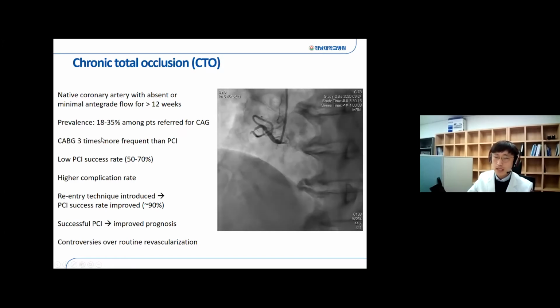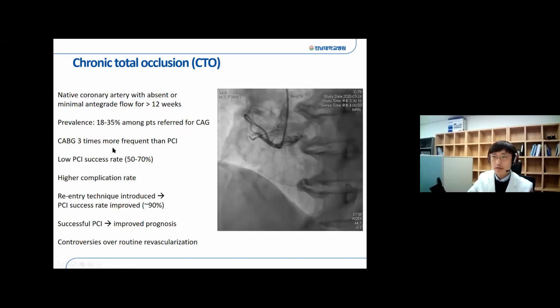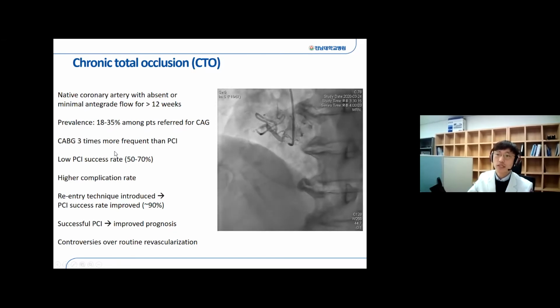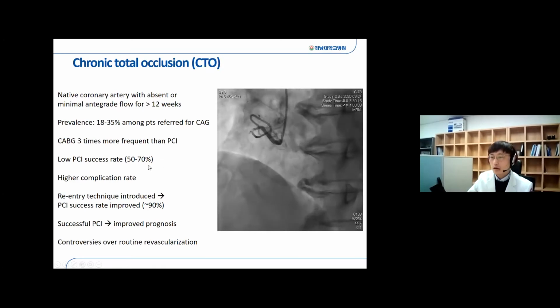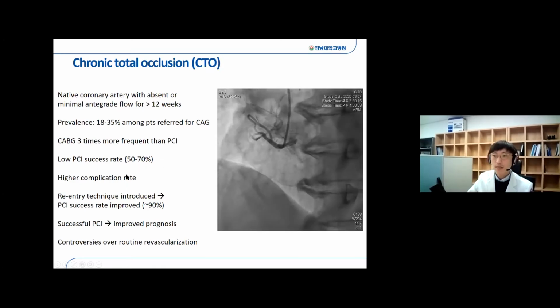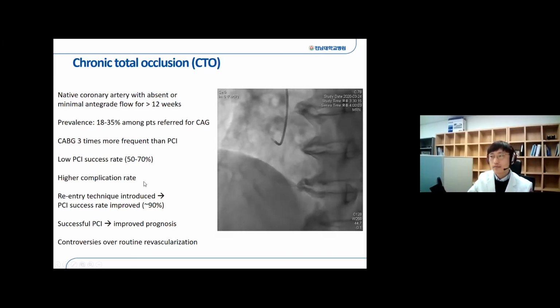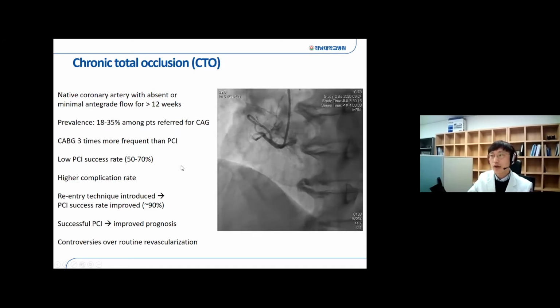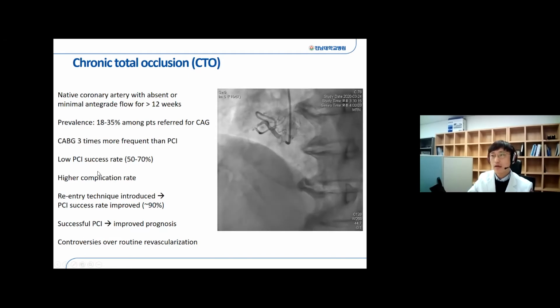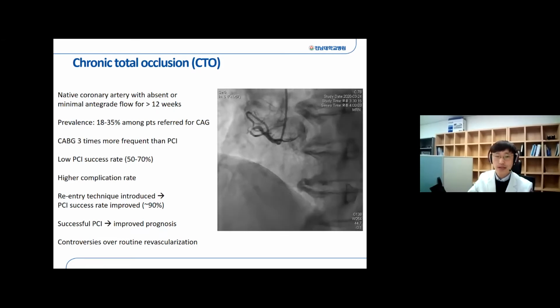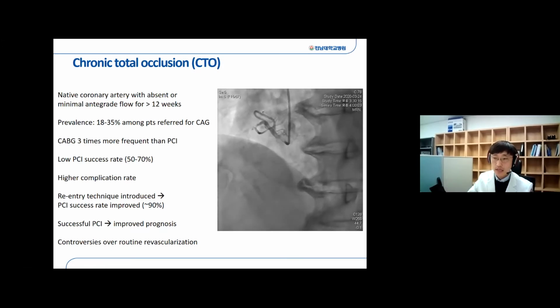And due to the technical difficulty of revascularization of CTO, CABG is 3 times more frequently performed than PCI, and the PCI success rate is only 50 to 70%. And the complication rate is very high, and it can be very fatal because when the interventionists are trying to pass their guide wires into the distal segment, it can perforate the coronary artery itself, and it can even be a table death.